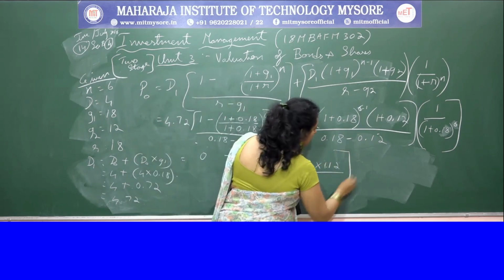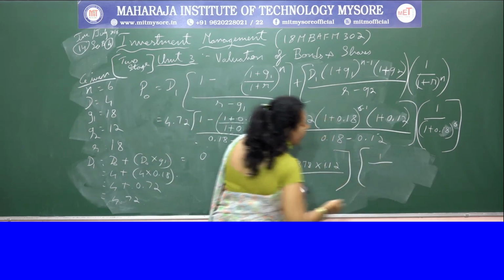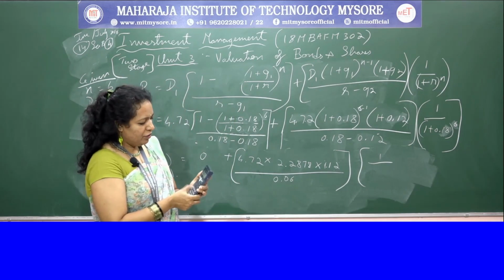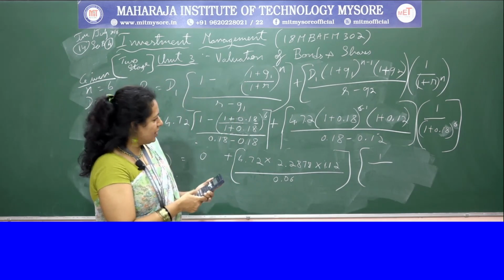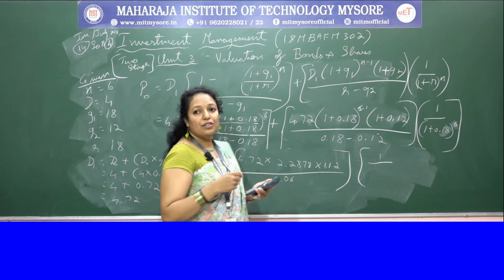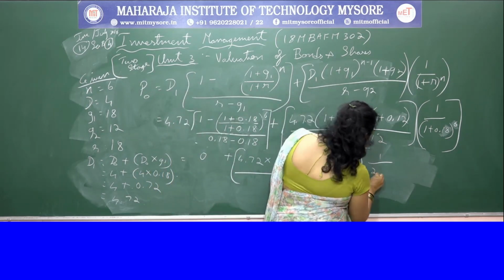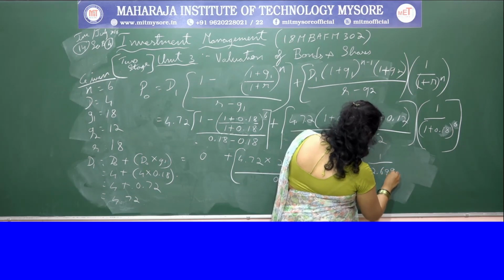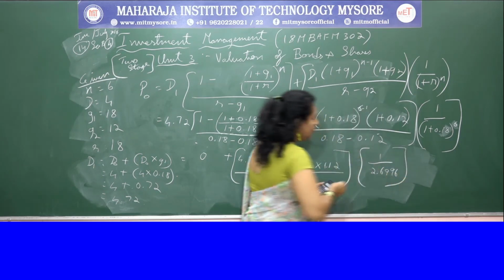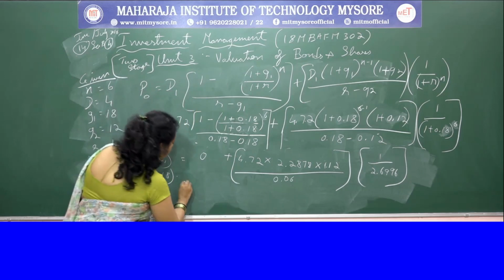So this is about this, and let's simplify the other part. 1.18 to the power of 6, just now we have calculated the power of 5. So that is 2.6996. So here we have already done this.